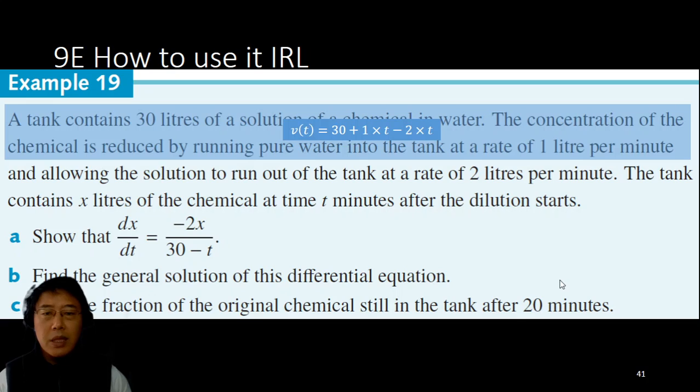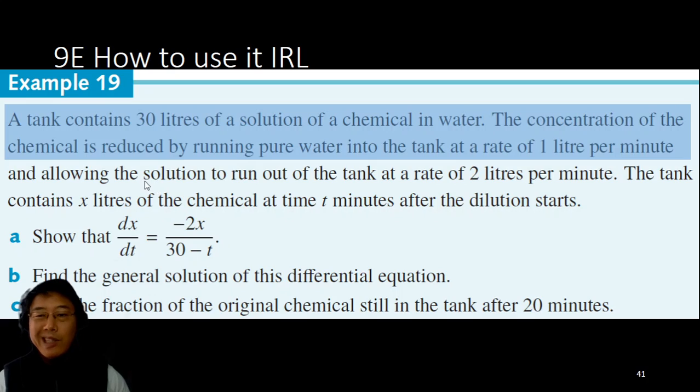What I forgot as well in this, let me go back. It's the other way around. So it's getting 1 liter per minute of pure water, but it's running out 2 liters per minute. So the volume is actually a variable of time, it's not constant.